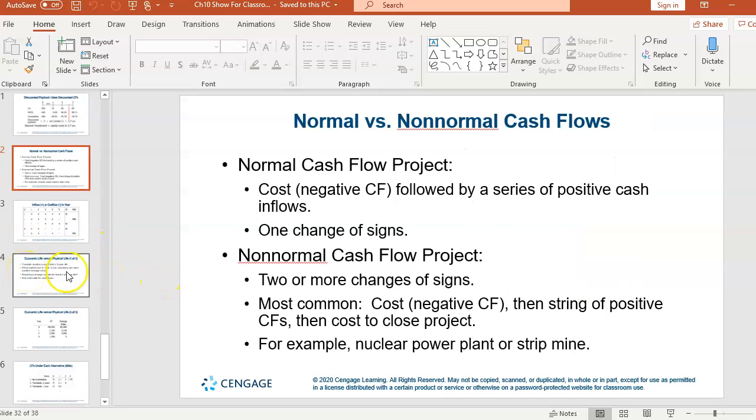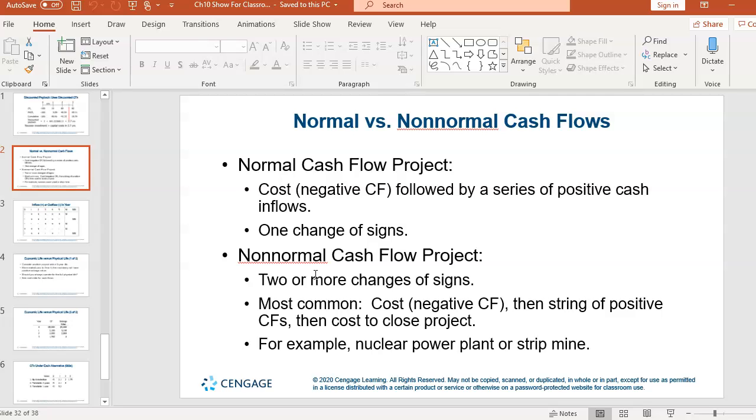Then what they call normal versus non-normal cash flows for a project. The vast majority of projects have one change in sign. You have initial investment, money you spend to invest in the project. Then you receive a series of positive cash flows. But you can also have what they call a non-normal cash flow. There's going to be two or more changes in sign, which might mean at the very end there's going to be a negative.